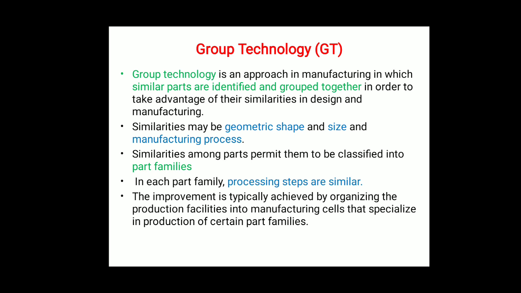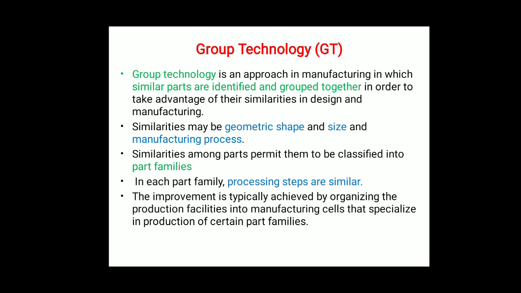For example, a plant producing 10,000 different part numbers may be able to group the vast majority of these parts into 50 or 60 families. Each family would possess similar design and manufacturing characteristics. Hence, each member of the given family would be similar, and this results in manufacturing efficiency.